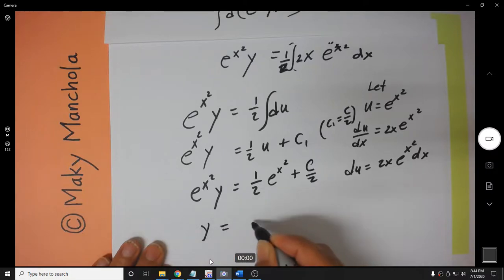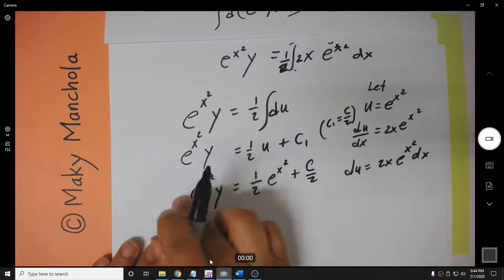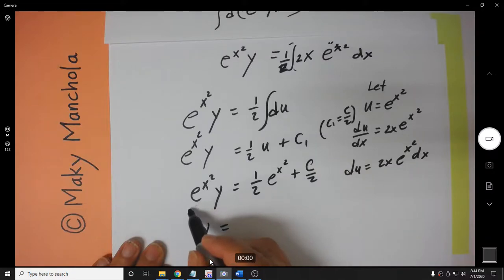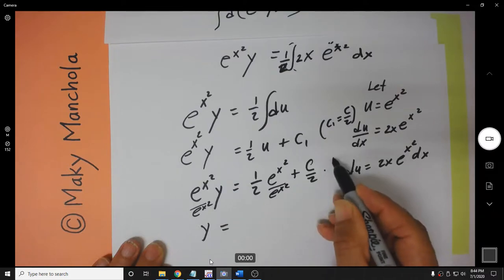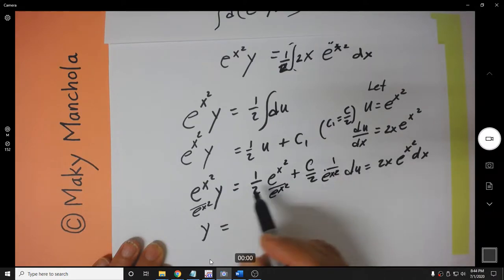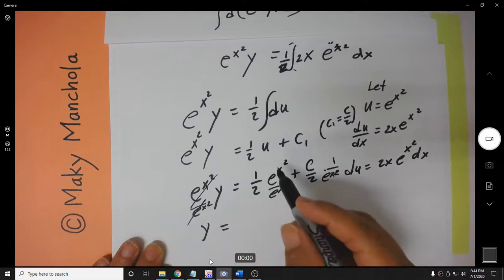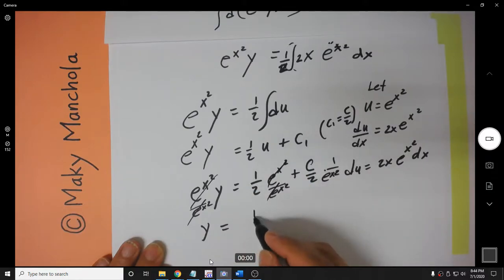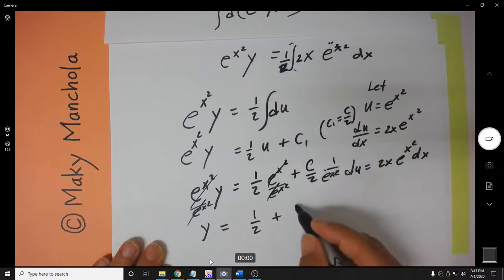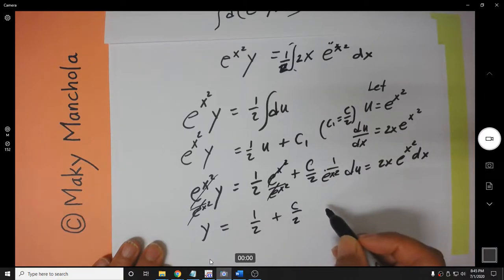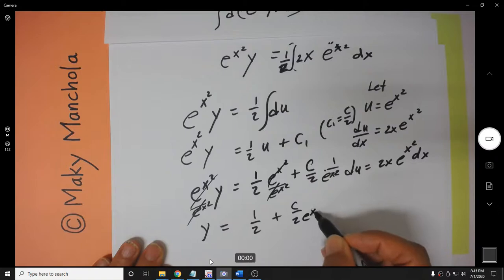y equals, if I divide both sides by e to the x squared, I end up with y equals 1/2 plus C/2 e to the x squared.